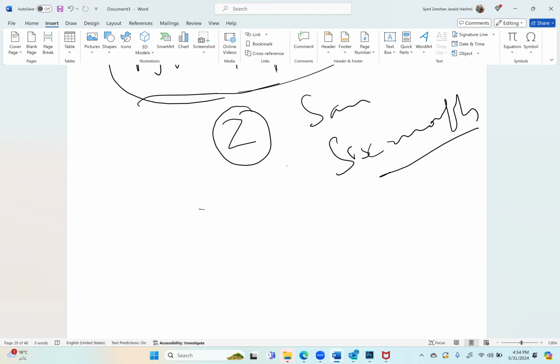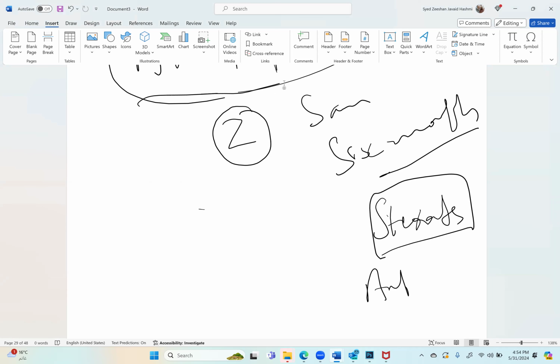Will there be any role of steroids? Anti-inflammatory.